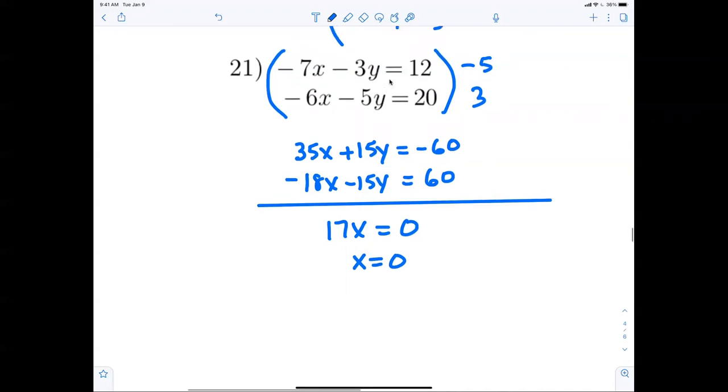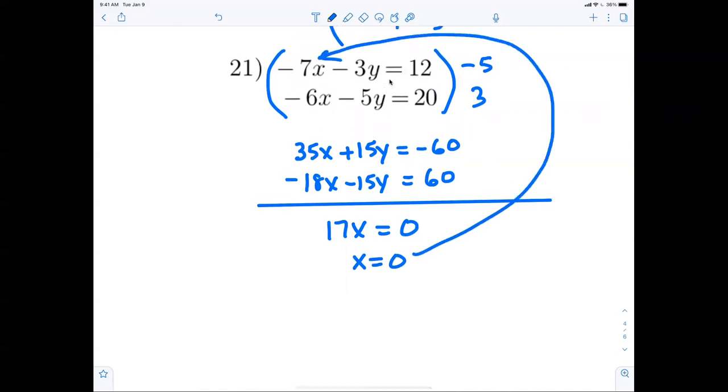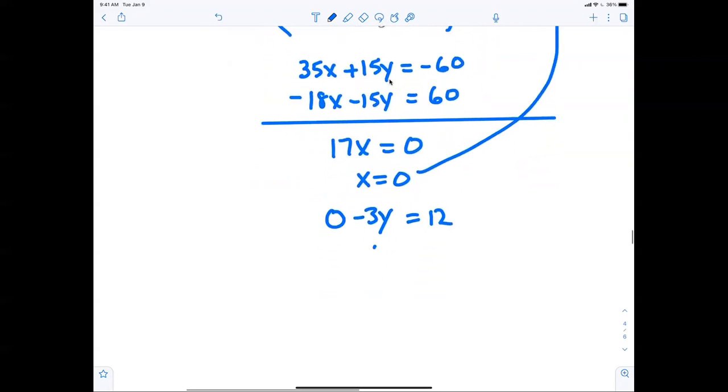Now I just plug it in. Everybody good with that? And so y equals what? -4. So my answer is 0, -4.